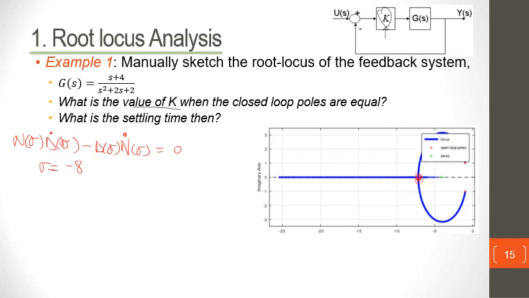Now to find the value of K when both poles are equal, it means that both P0 and P1 would be equal to minus 8.